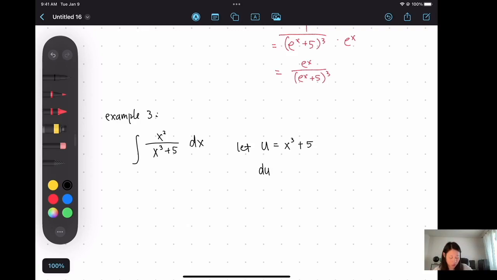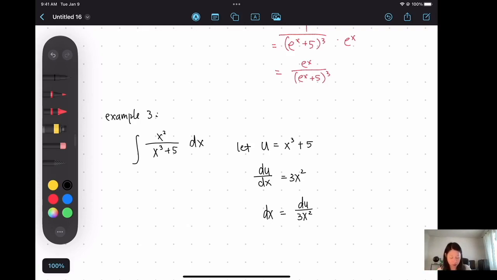So our du over dx equals 3x squared. Okay, so now we still need to treat this as a fraction to solve for dx. So our dx equals du over 3x squared.